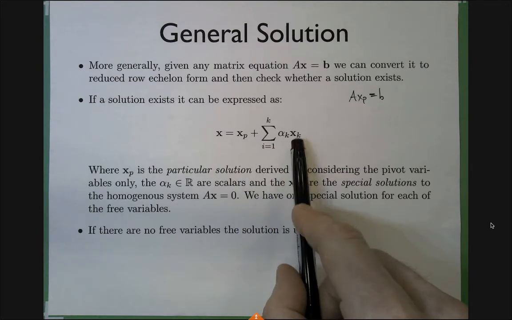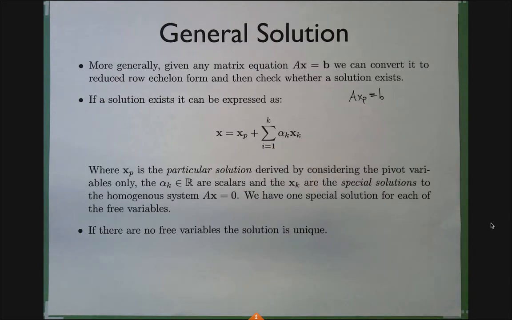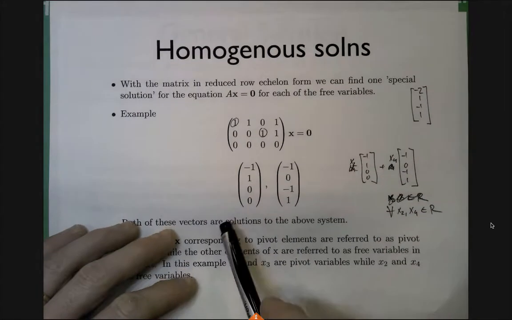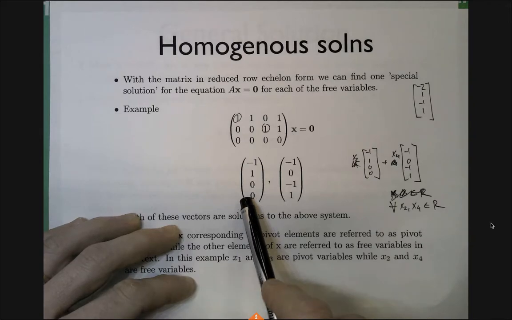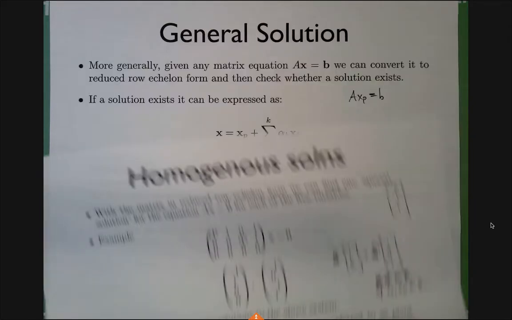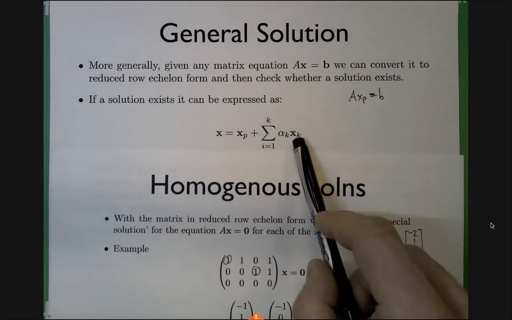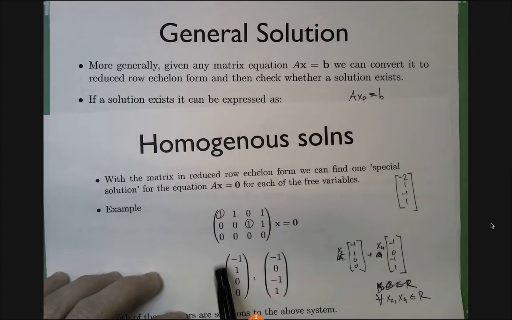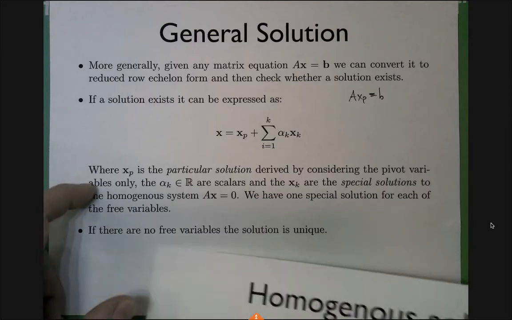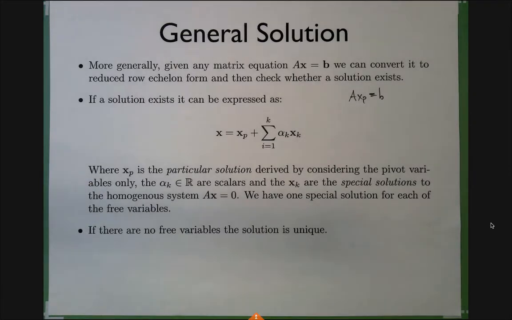The xk's here are my special solutions. In this example, this would be the x1, I guess. Poor notation, because here the x's mean the actual vectors of the solutions, but I think you got the idea.